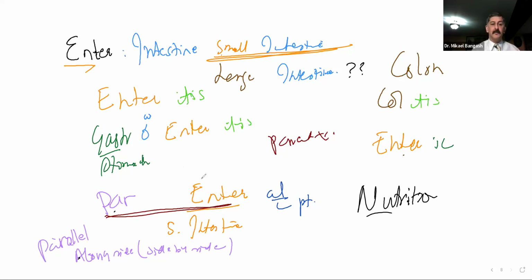Enter is small intestine, and L is just your suffix that means pertaining to. The whole thing means nutrition being directly administered into the bloodstream.